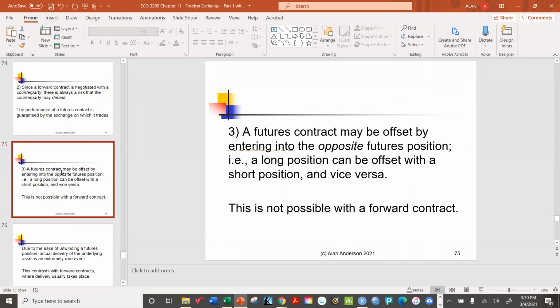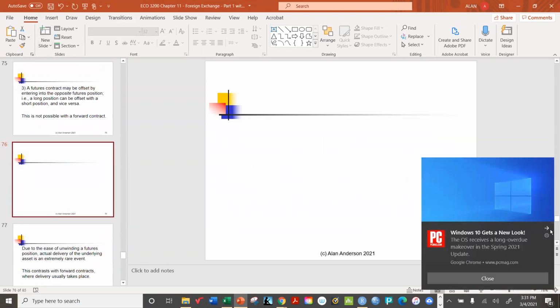All right, now the other thing too, though, and this is interesting, with a forward contract, like I said before, it is a binding legal obligation. Once you enter into it, you're pretty much committed to buying or selling the currency. A futures contract, though, it's easy to get out of it because what you can do is take a position in the opposite contract. Okay, so for example, what do I mean by that?